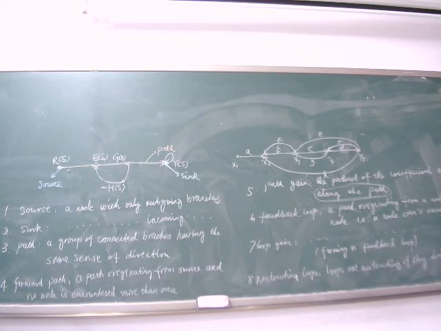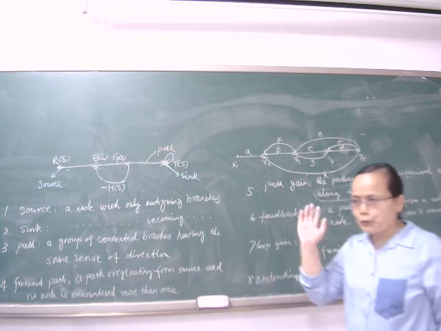We should give all these: source, sink, path, forward path, path gain, feedback loop, loop gain, non-touching loops. We should find out what you do first.